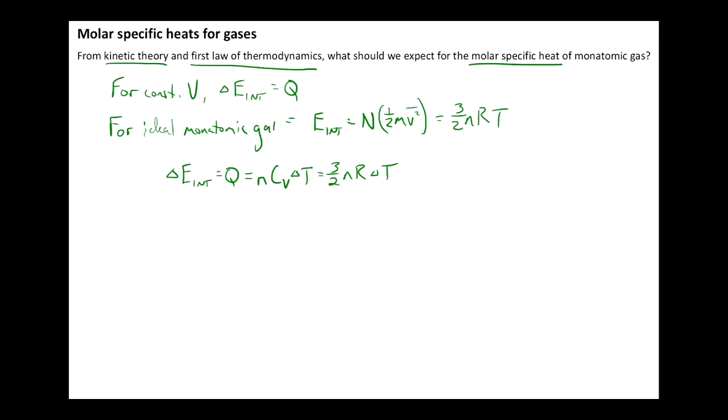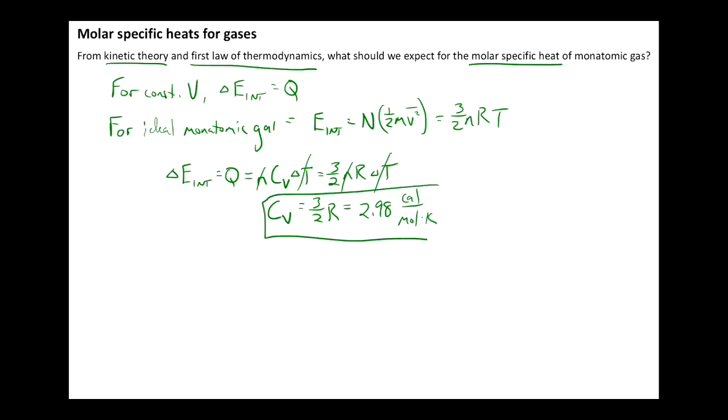And then we'll cancel some stuff out, and we get an equation for CV. So the n's are gone, and the delta T's are gone. So CV, the molar specific heat for constant volume, is just 3/2 R, which in terms of the units we're using is 2.98 calories per mole Kelvin.